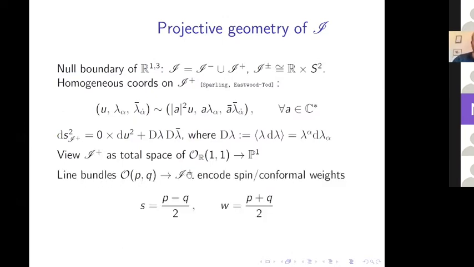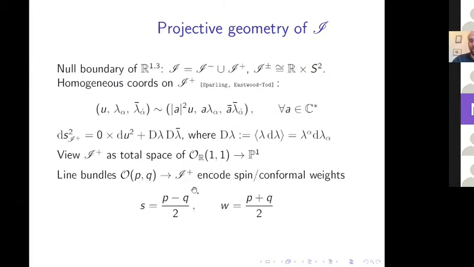So there are some natural line bundles that live over scri in this language, and these are just the line bundles of functions that are homogeneous of weight p under this rescaling, and weight q under this rescaling. These are completely natural things to describe in these coordinates.